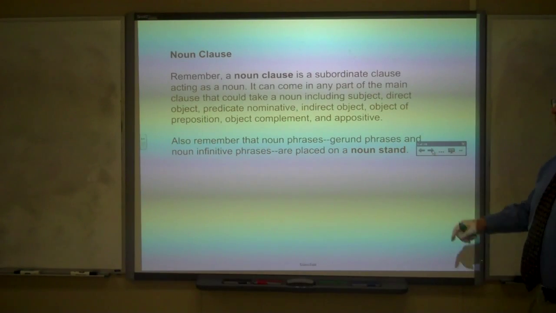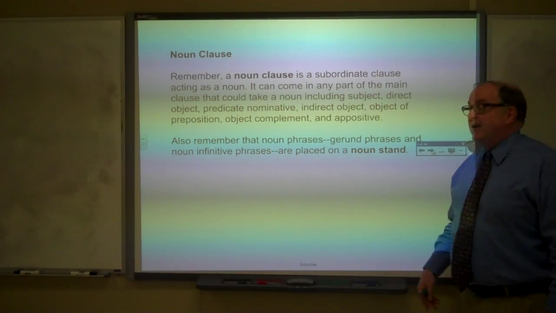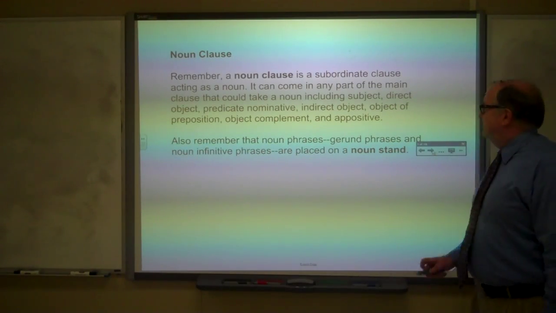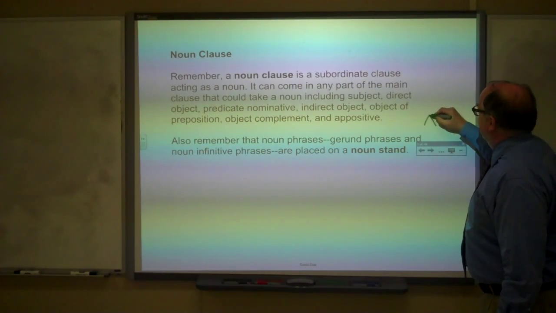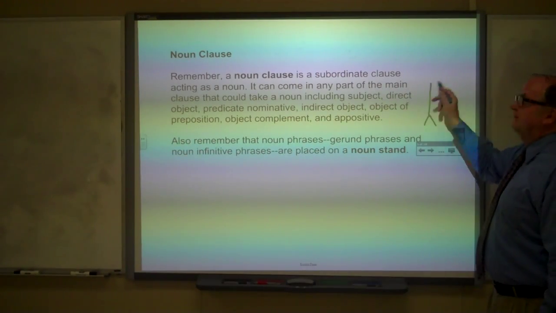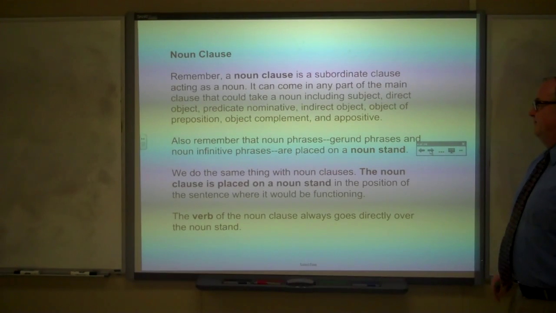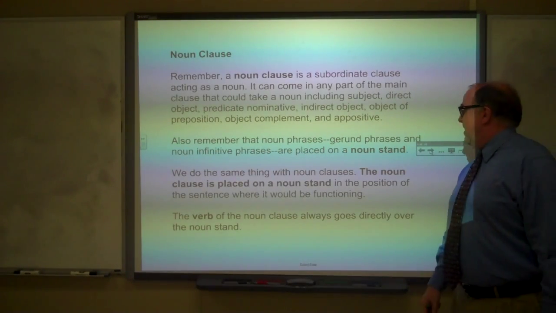Also remember that noun phrases, like gerund phrases and noun infinitive phrases, are placed on a noun stand. Remember how we made a little stand in the noun position and then put the phrase on top of that stand? Well, we do the same thing with noun clauses.